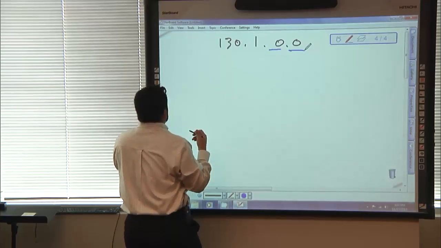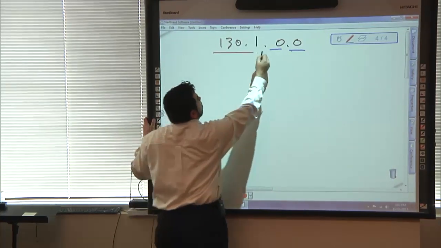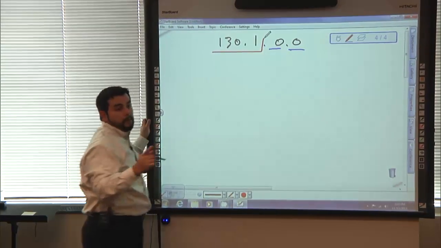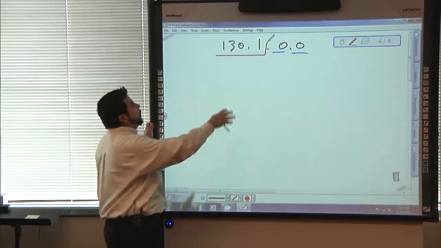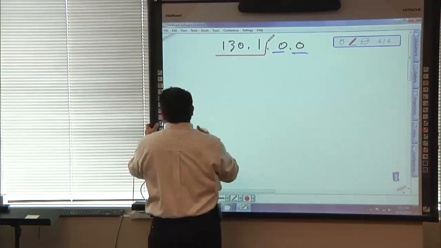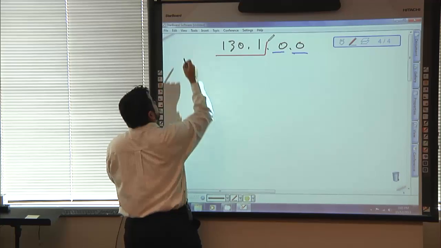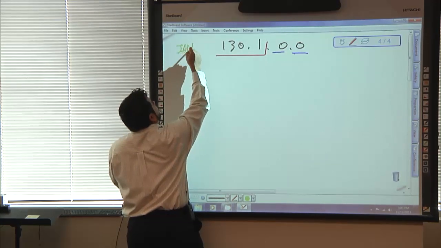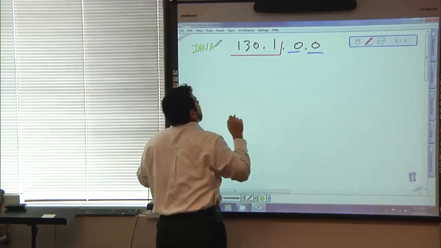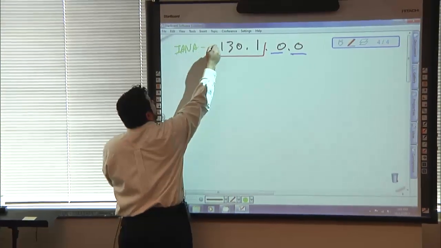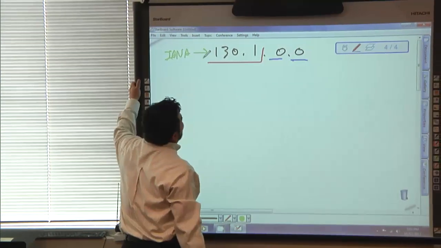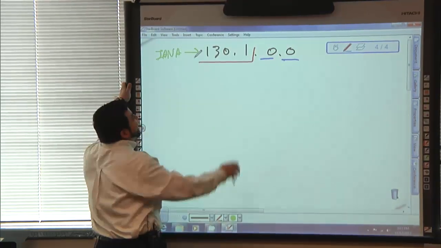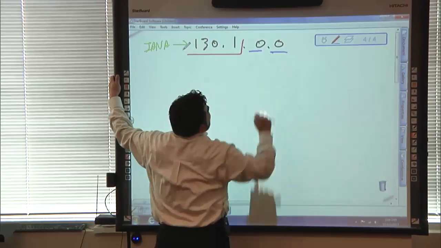And 130.1 is your network. So now we got 130.1.0.0, which gets registered with who? Internet IANA, Internet Assigned Numbers Authority. Look at that! I have a memory. All right. So we have 130.1.0.0.